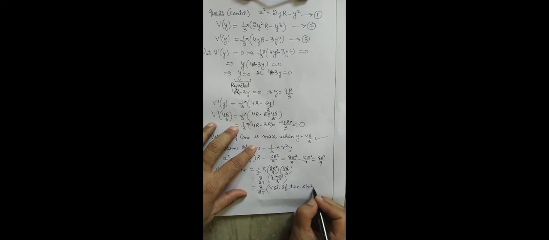So what is this quantity? 4 pi r cube upon 3. Actually this is the volume of the sphere. So hence I have shown that when y is equal to 4r by 3 and when the volume of the cone is maximum, then the volume of the cone is equal to 8 upon 27 of the volume of the sphere.